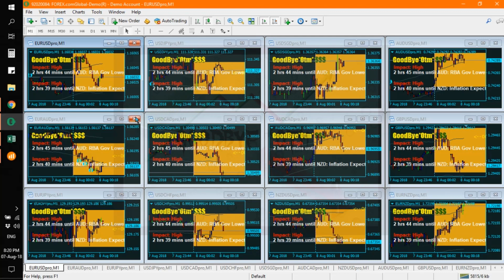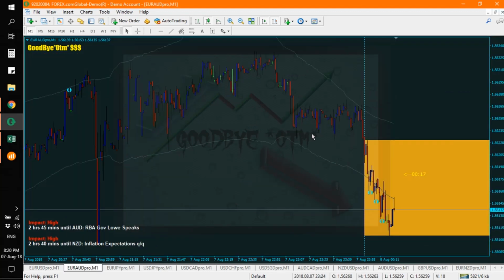Since the market just opened, remember we avoid at least the first 15 to 20 minutes from the opening time, and then we start placing trades. For example, right here, Euro Australian gave us a few valid signals a while ago, but due to this being the opening of the market, we try to avoid it because it's currently in a downtrend, as you can see.